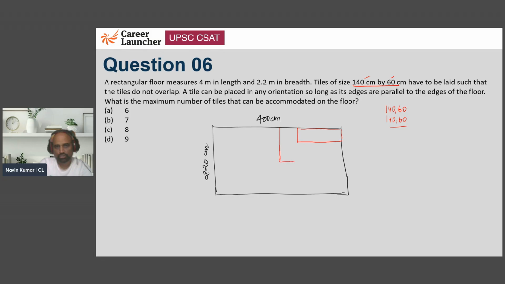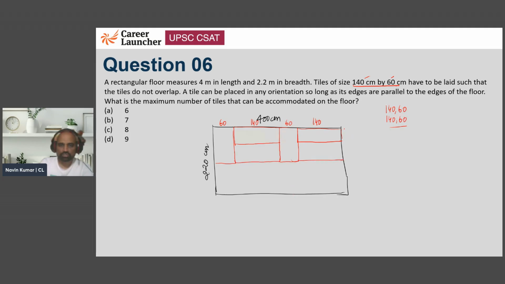So it's going to be something like this. The next one is again 140, and then we will again have 60. Okay, so this is 60, this is 140, that's 200. This is 60, 140, that's another 200. So we can place 2 more here.